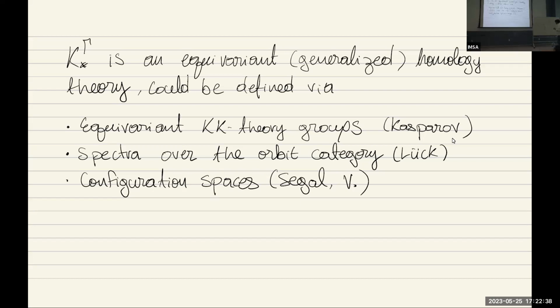The relation is defined using, for example, cobordism, spin-C modification, and some other relations.